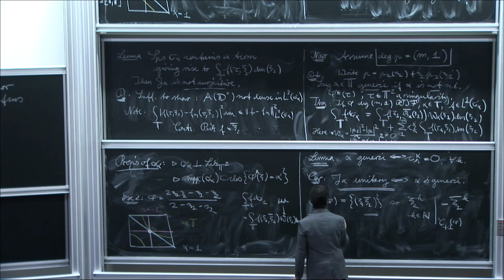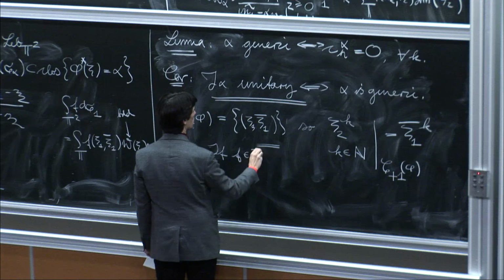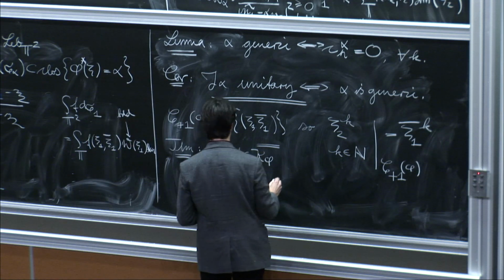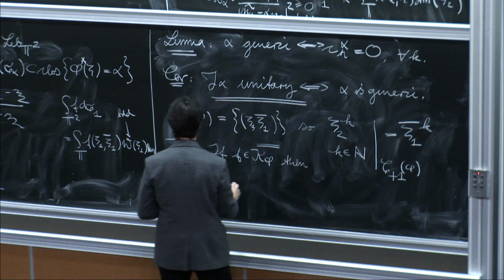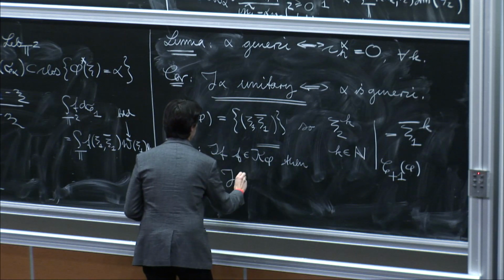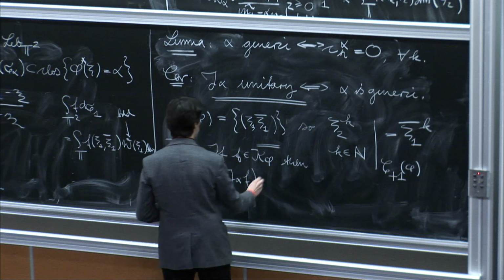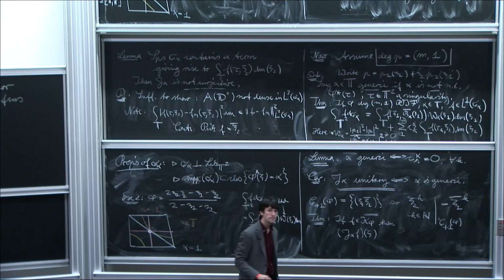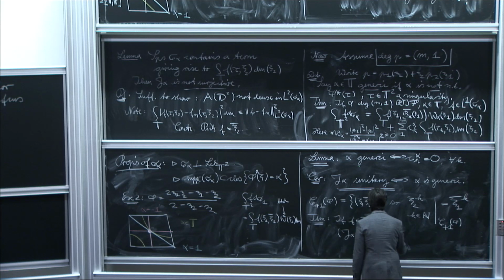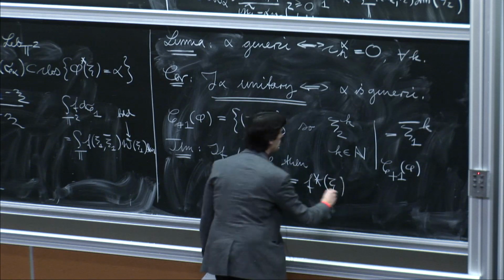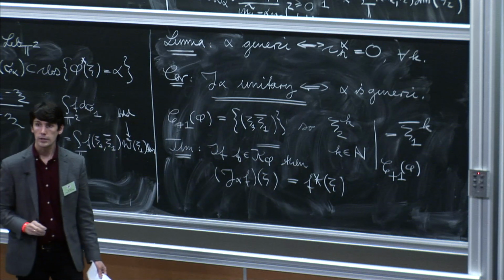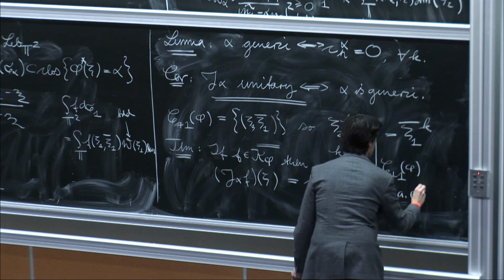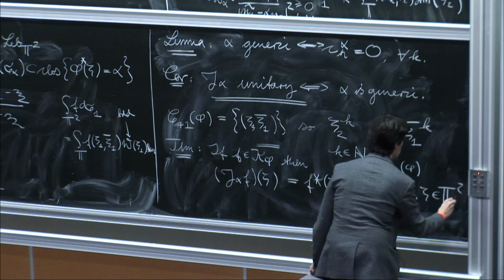So if f belongs to the model space K sub phi, then we can write down a formula for this Clark embedding, and it's precisely the non-tangential value of f at xi, and this is for sigma alpha almost every xi in T2.